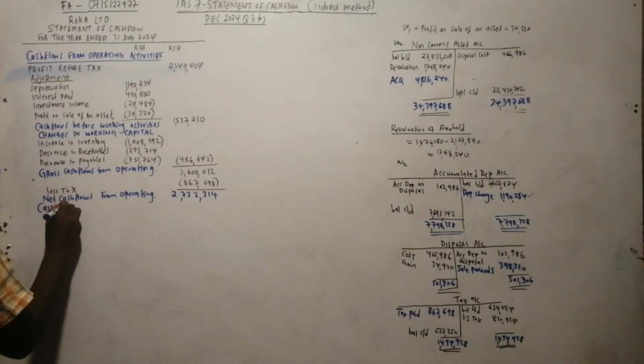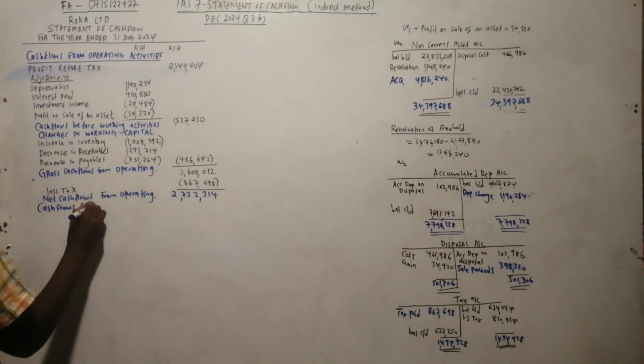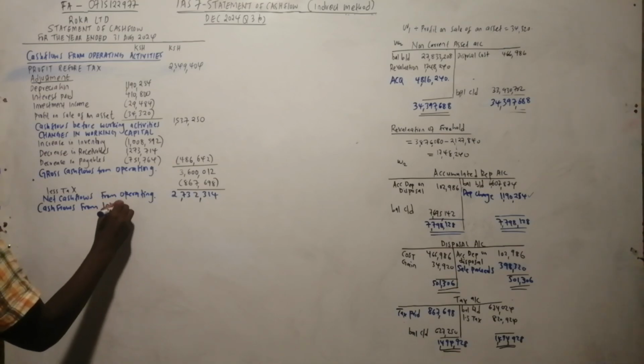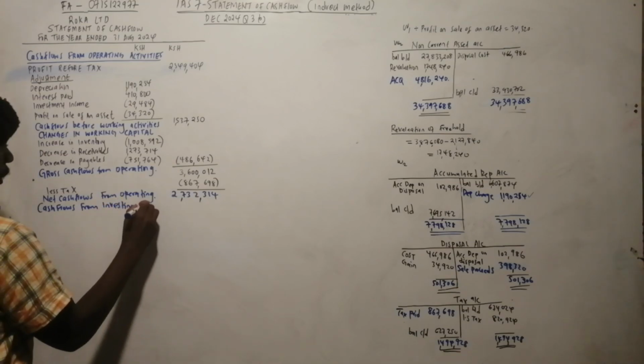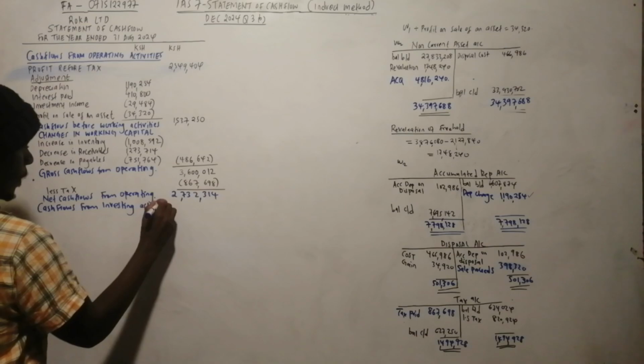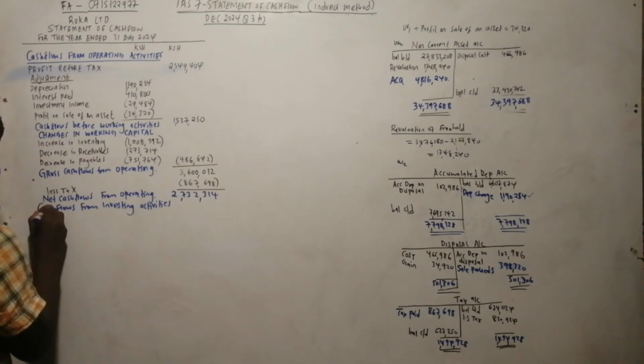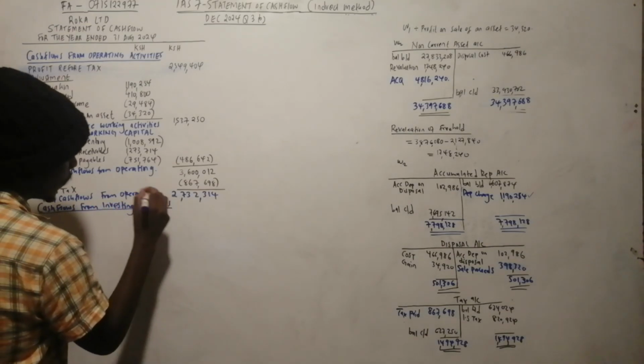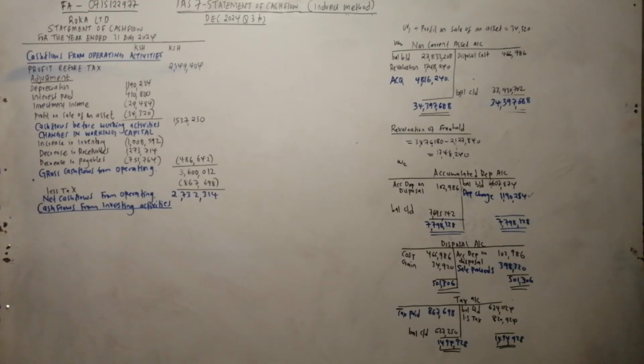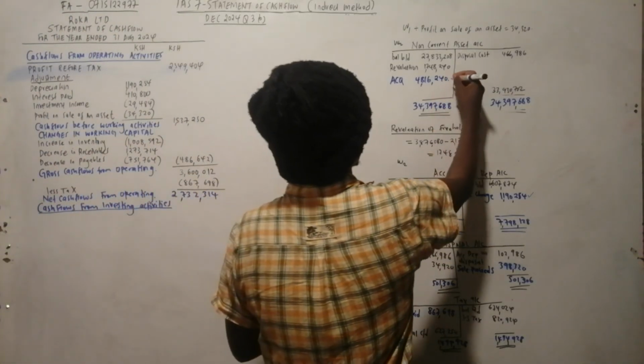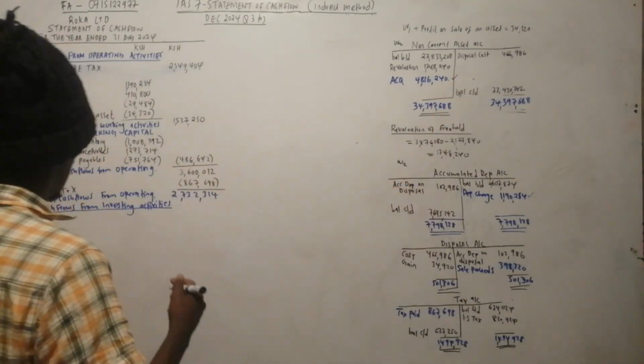Cash flows from investing activities. The first one tunaanza na huyu because we had to work out it. This one we have acquisition of non-current asset.